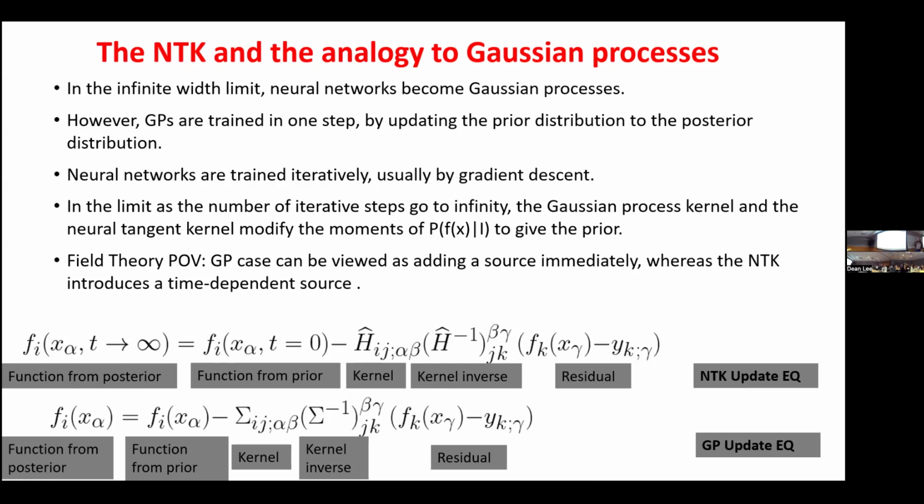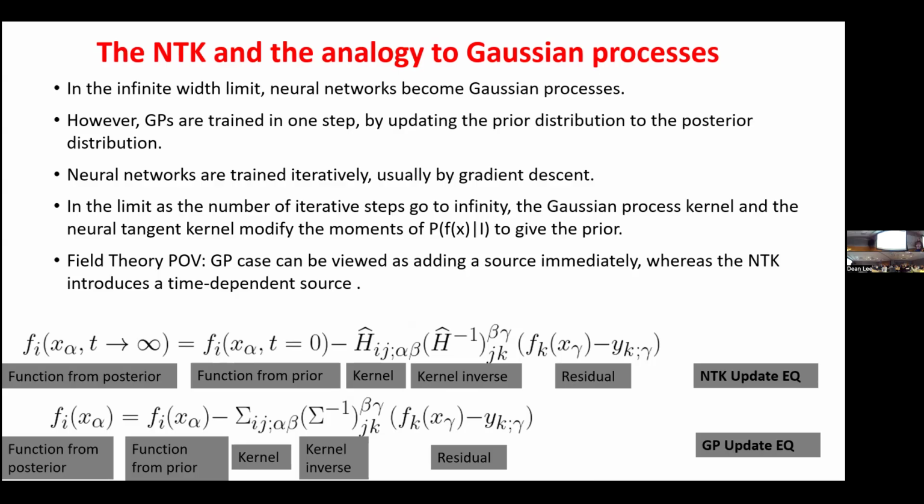So we have update equations for both the GP on the bottom and then the neural tangent kernel on the top. And in the limit, as the time steps go to infinity, they basically end up looking like the same equation and end up finding pretty much the same solution. So the way that you can think about this in the field theory POV is you're adding a source to your action, and the GP will do it in one step and add that correction there to account for how it responds to introducing data.